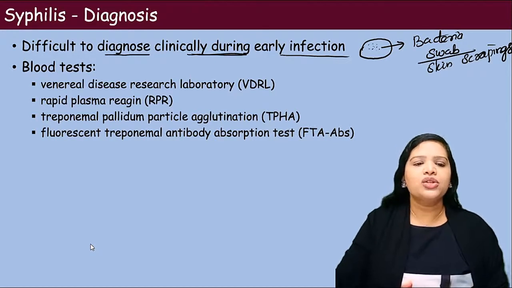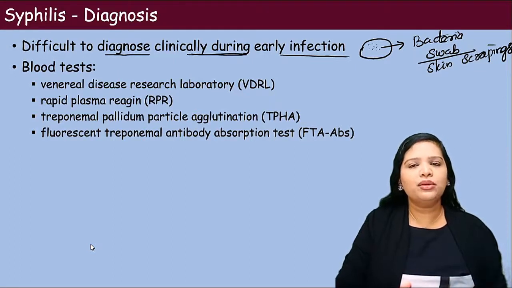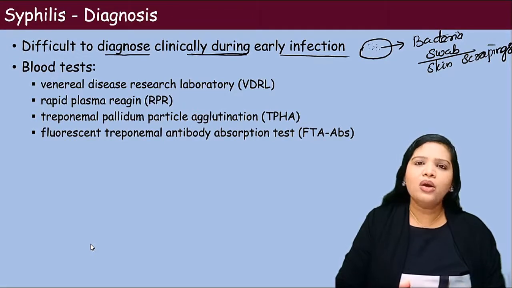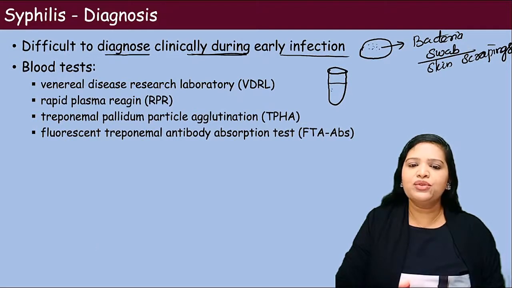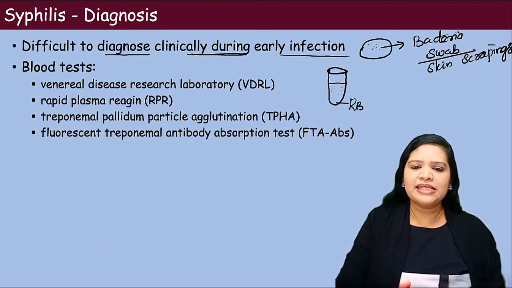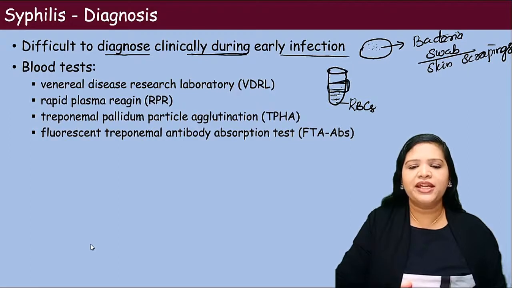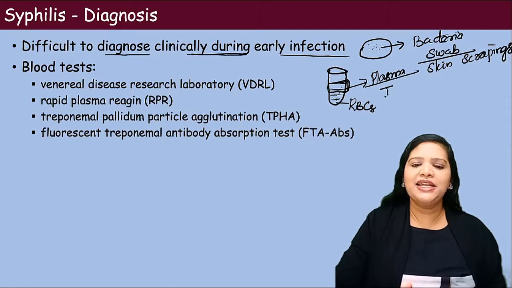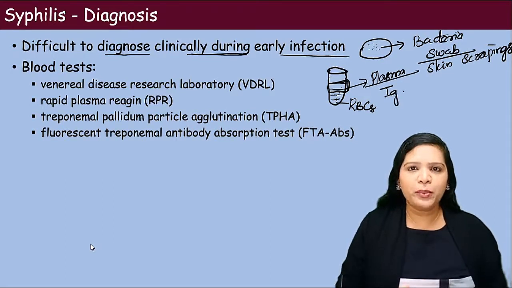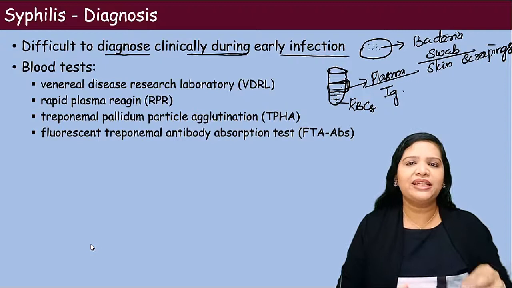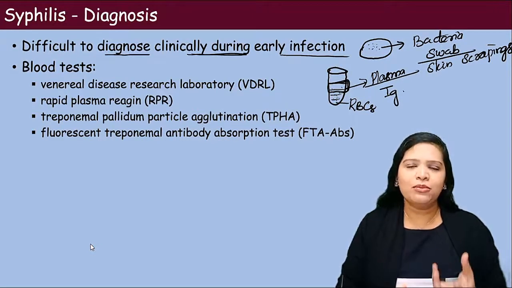Now, the better option is to do a laboratory test using antibodies from the patient. So how is this diagnosed? We have to collect the blood sample of the patient and centrifuge it, so all the RBCs settle down, the WBCs and buffy coat are above, and the supernatant contains plasma. Plasma contains antibodies, immunoglobulins. If the patient has the infection, there must definitely be antibodies present in the serum or plasma.